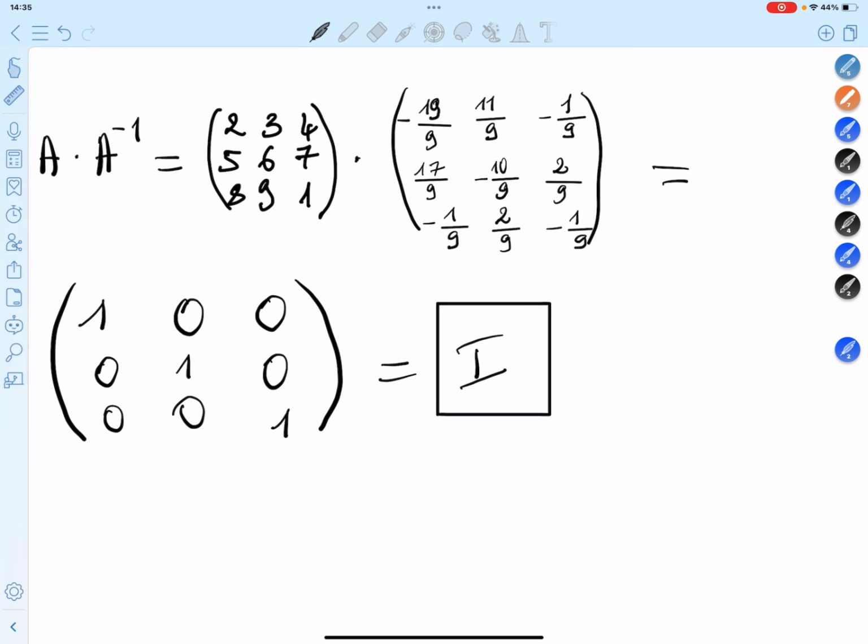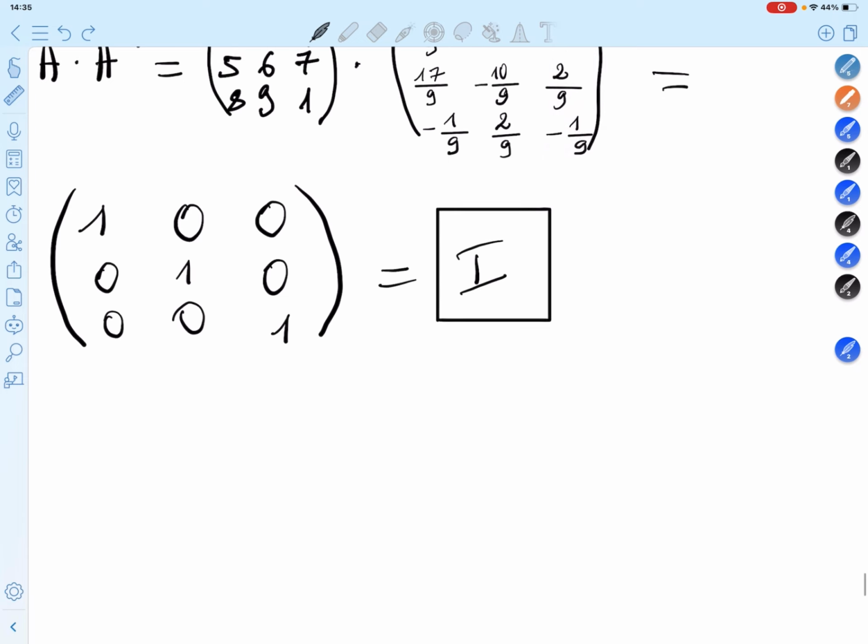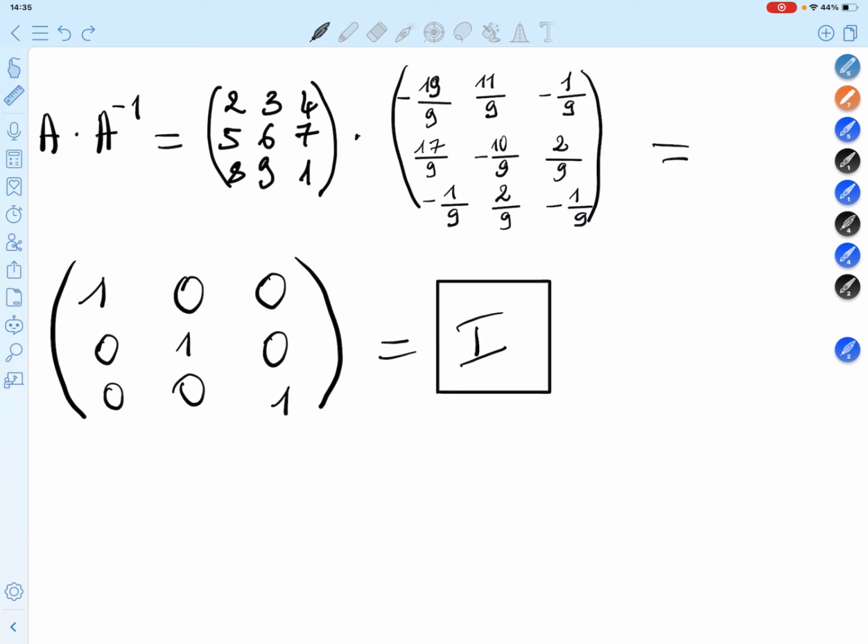So we have done this one, this one. Now let's do the third one. So we multiply this by this, so we're going to have 2 times minus 1 over 9, because we do this and this.